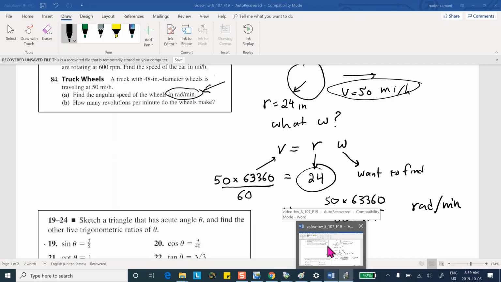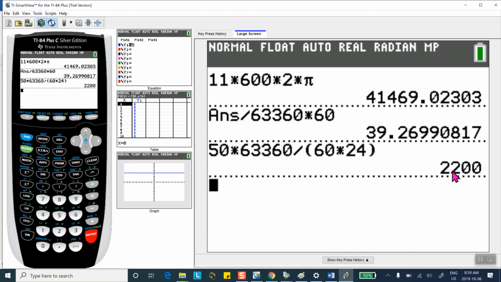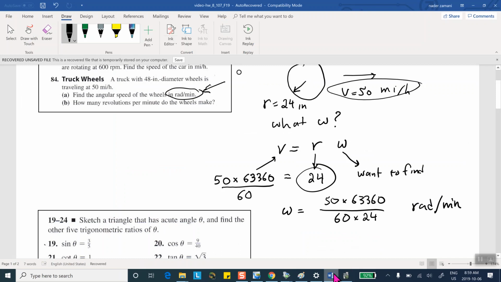Was it 24? 60 times 24, divided by 60 times 24, and this is going to be radians per minute, 2200, obviously rad per minute.